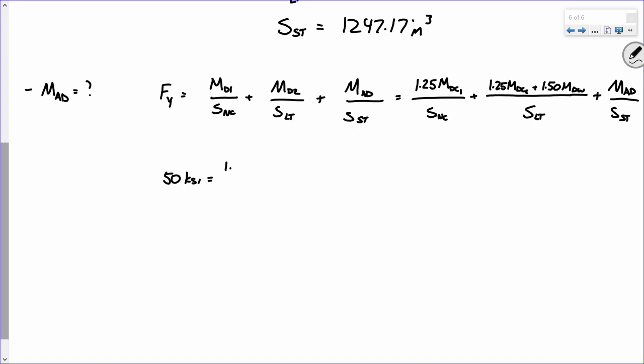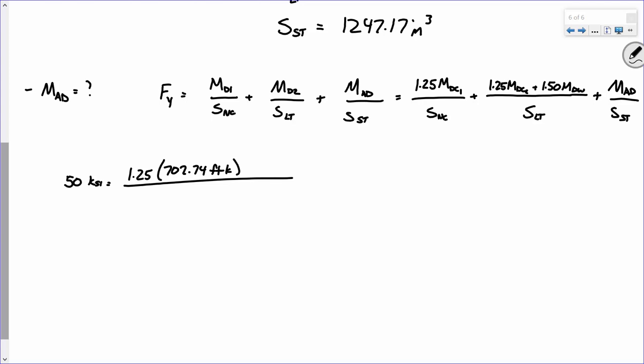I'm going to move this, sorry. I'm going to need some room. 50 KSI equals, what do I have? 1.25 times MDC1. What is that? 702.74 foot kips. Y'all see where I'm getting that?